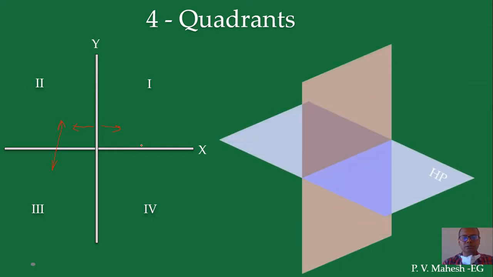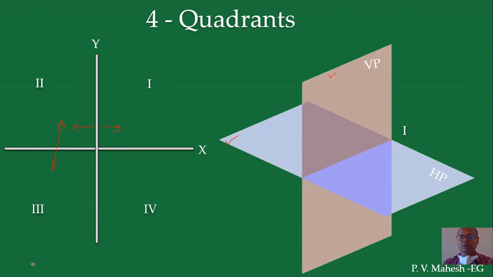So it looks like this. Here you have the horizontal plane, a plane which is parallel to the ground. It is called the horizontal plane, and this is a plane which is perpendicular to the ground. This is called the vertical plane. Now, this is the first quadrant.